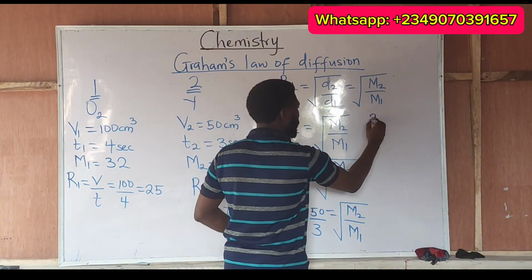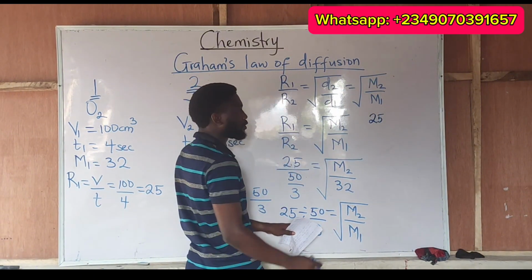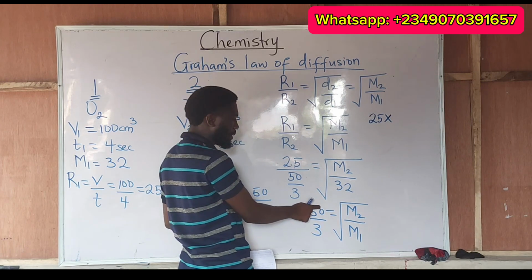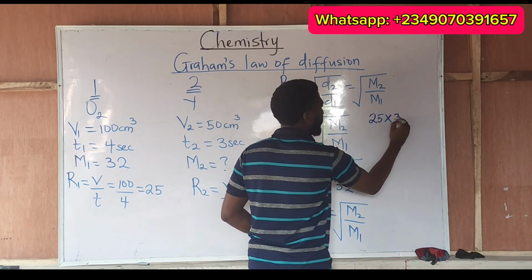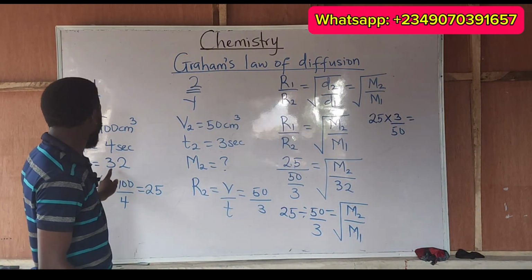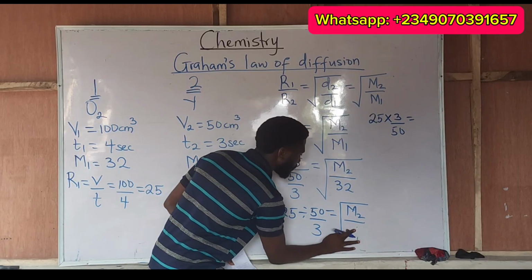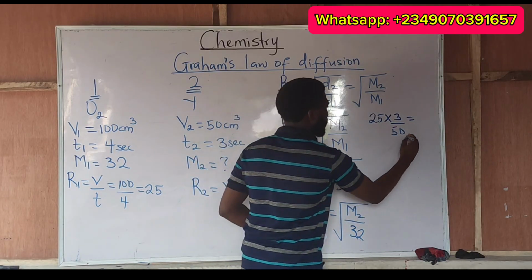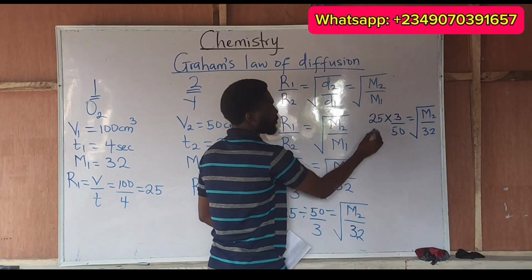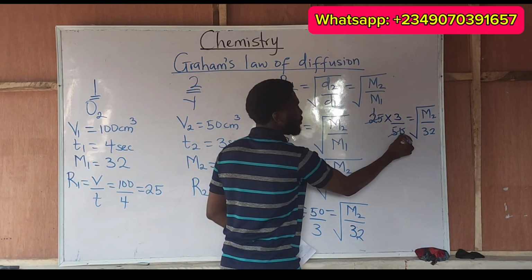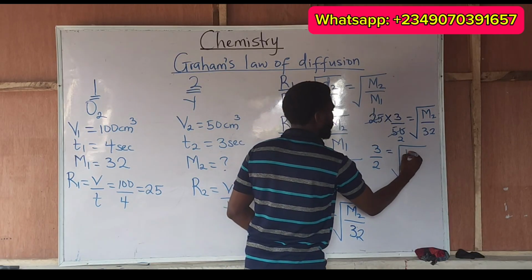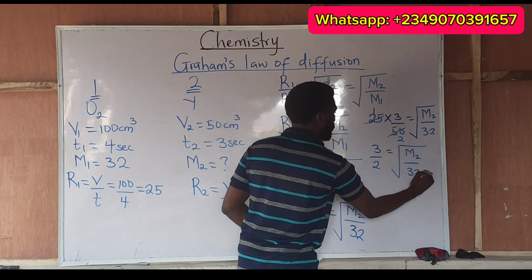The division changes to multiplication, so the 3 comes up and the 50 goes to the bottom. We have 3 over 50 times 25, equals the square root of M2 over 32. So 25 into 25 is 1, 25 into 50 is 2. So this will be 3 over 2 equals the square root of M2 over 32.